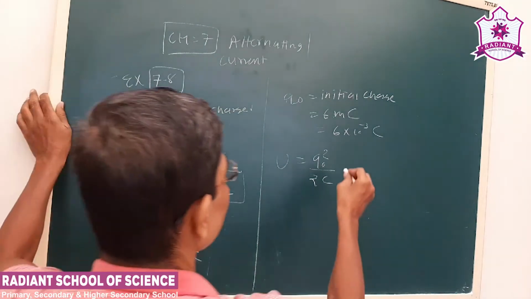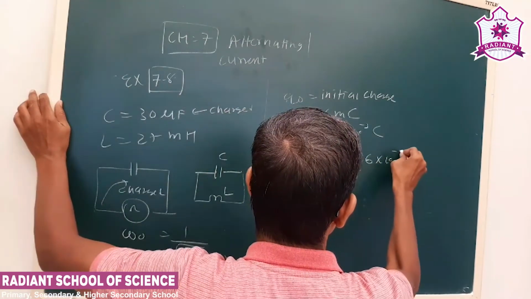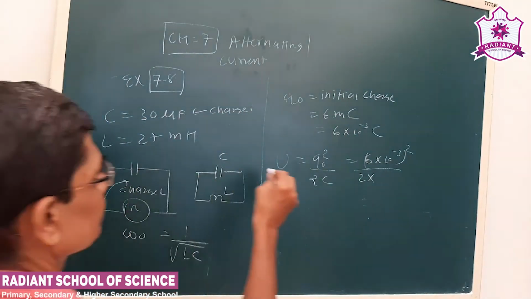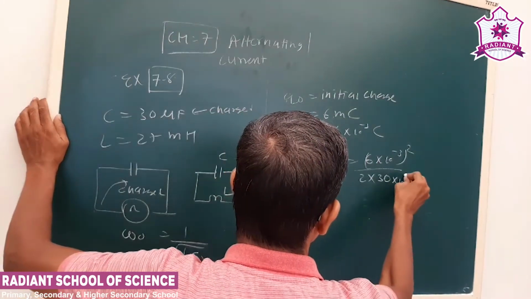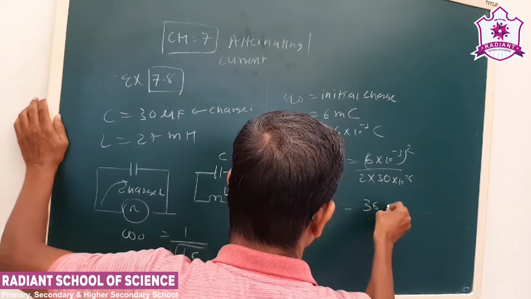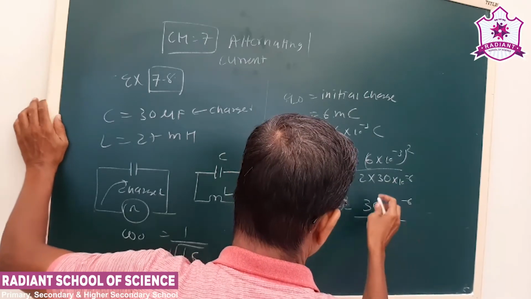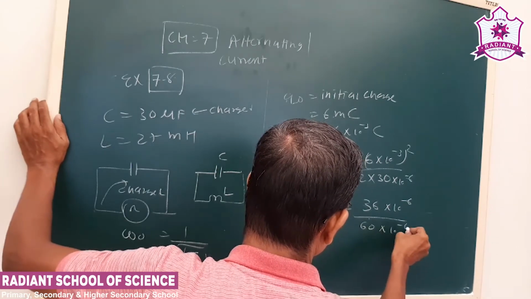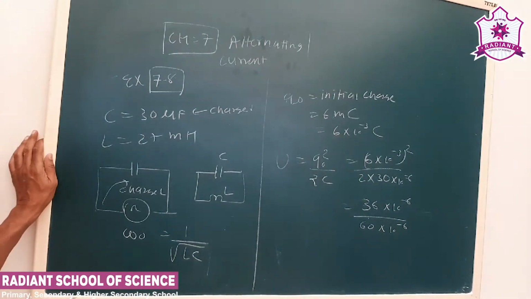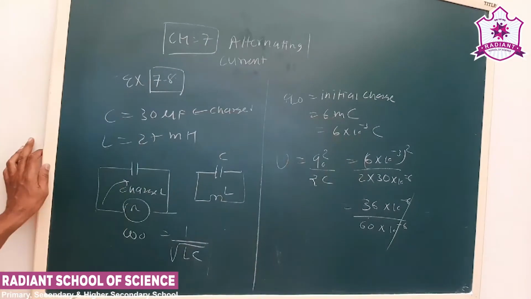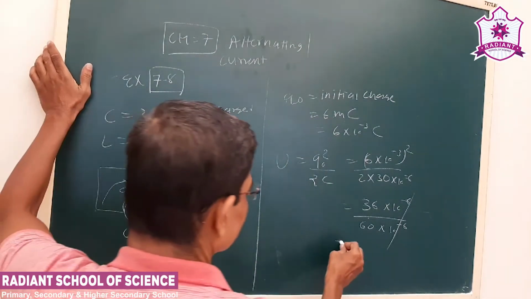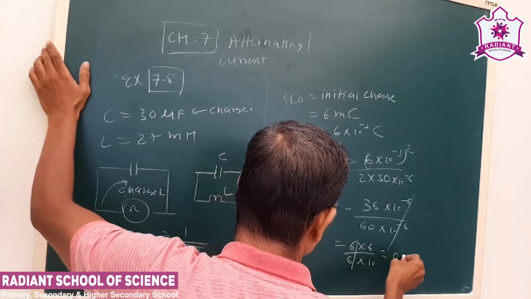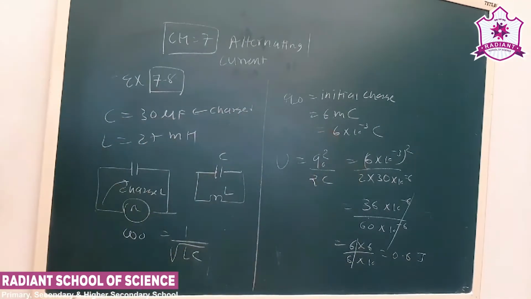Q0 is given here, and the capacitance value is 30, so this will be 60. Now this is how we can solve this easily.